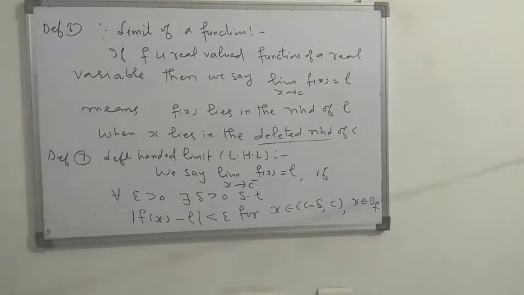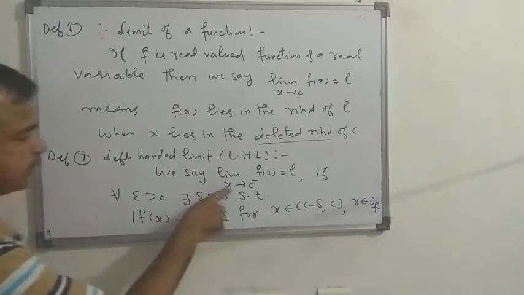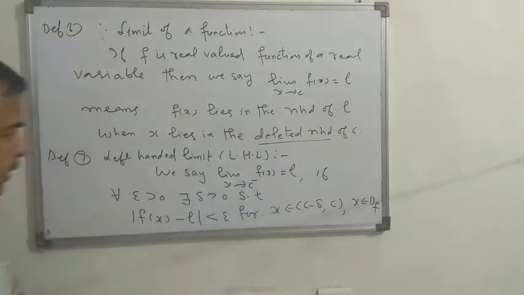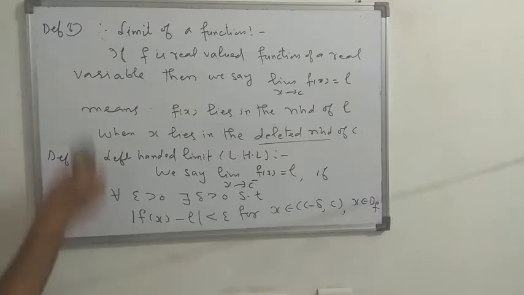So if this condition holds, then we say limit x tends to c negative of f(x) equals L exists, and we call it LHL, that is, left-handed limit.